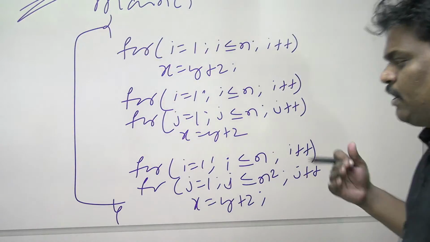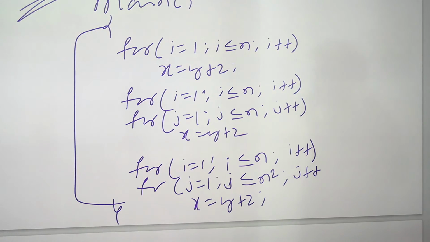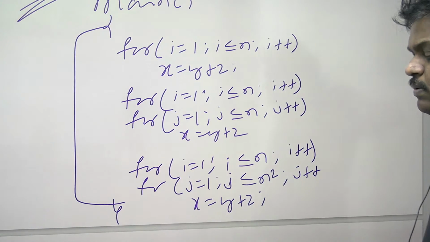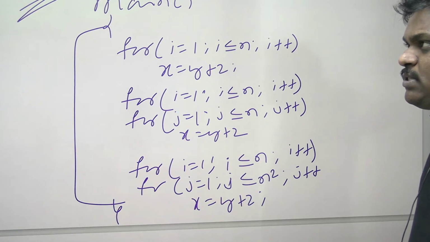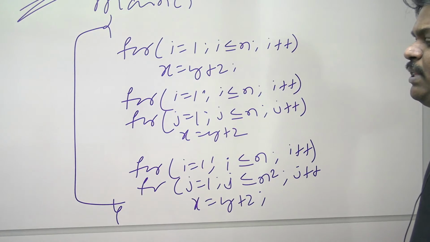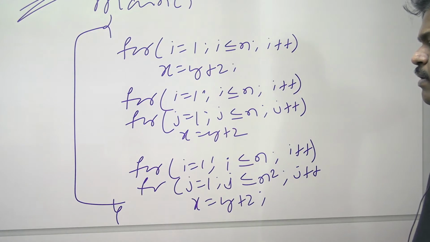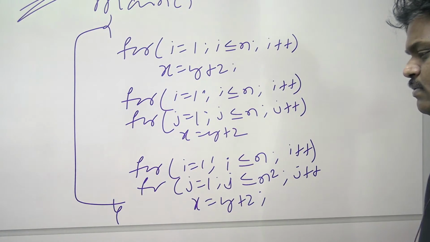So can you say now, what is the time complexity of this program? Try once. Those people who are watching the class, please let me know what time complexity you are thinking. First identify how many statements.